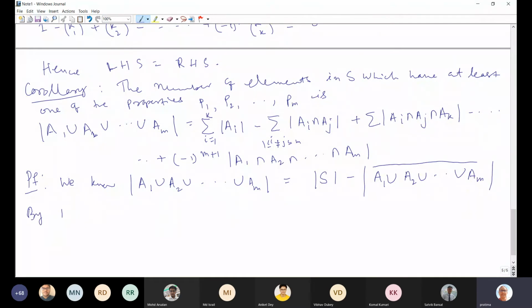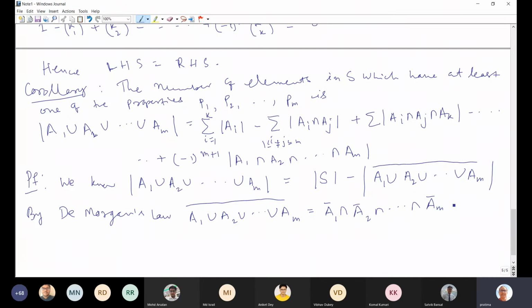By De Morgan's law, the complement of the union of these sets A1 union A2 union Am is equal to the intersection of the complements of these sets: A1 complement intersection A2 complement intersection Am complement, right?